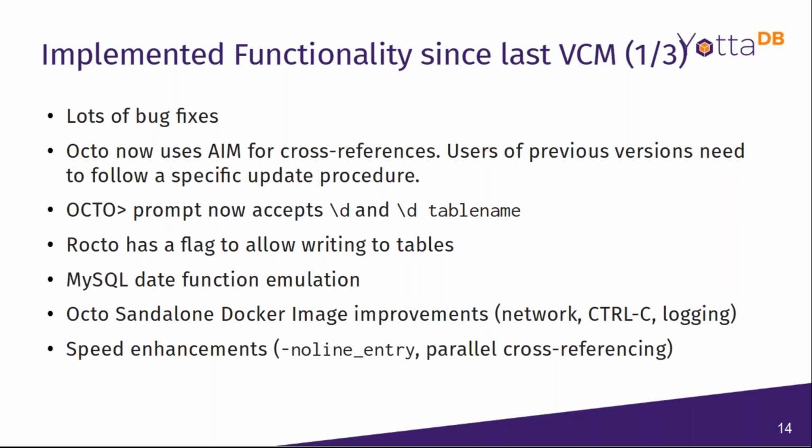Then we have speed enhancements, and these are pretty cool. I think at this point we've sped up Octo by 10 to 20% for initial cross-references, which is very good. What we do is parallel cross-referencing, and we added a compilation flag for YottaDB called no line entry. Both of these definitely improved the speed.